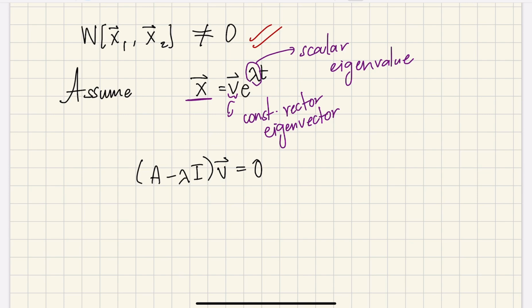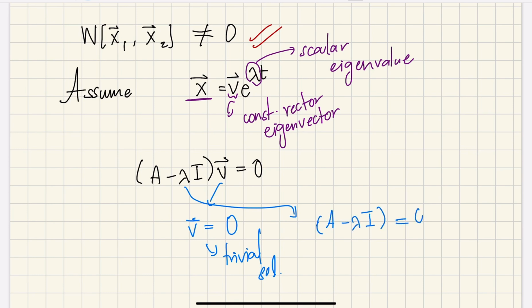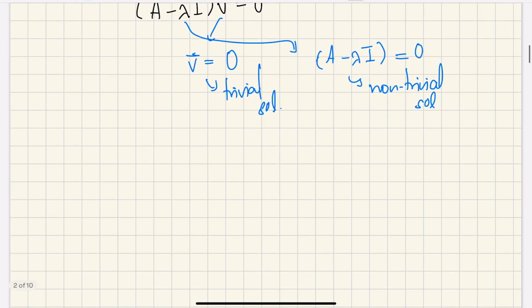So if you're going to solve this, either this v can equal 0, which is what we call the trivial solution, or all of this can equal 0, which we call the non-trivial solution. We are always more interested in a non-trivial solution. So let's go with that.